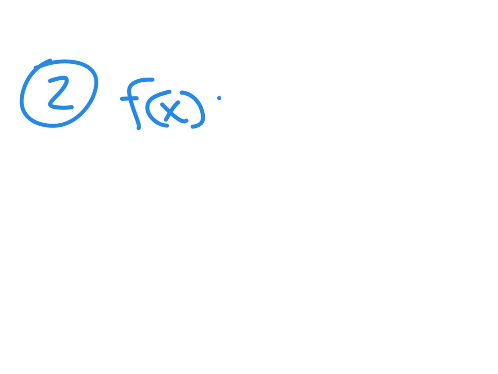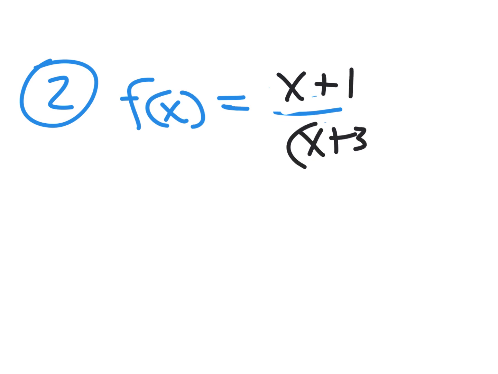Leo, please read me number 2. F of x equals 4x over x plus 2. And what do they want? Oh, wait, that's number 1. Boo, number 2. We're just doing evens, so number 2. Try again. X plus 1 over parentheses x plus 3 parentheses x minus 2. X minus what? 2. Thank you. Okay, good.